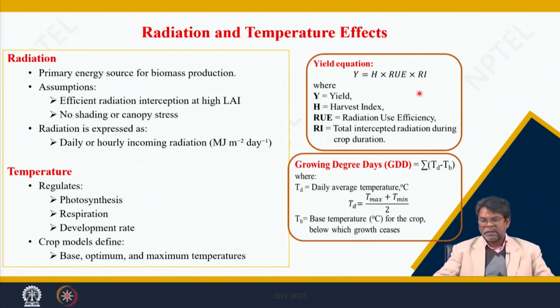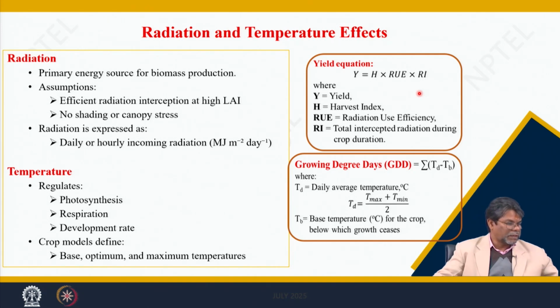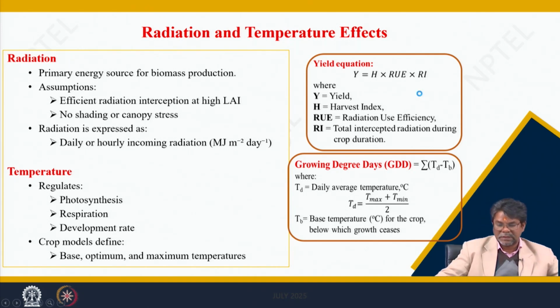The intercepted photosynthetically active radiation is equal to PR into 1 minus e to the power minus k into LAI. I think this might be clear to you.